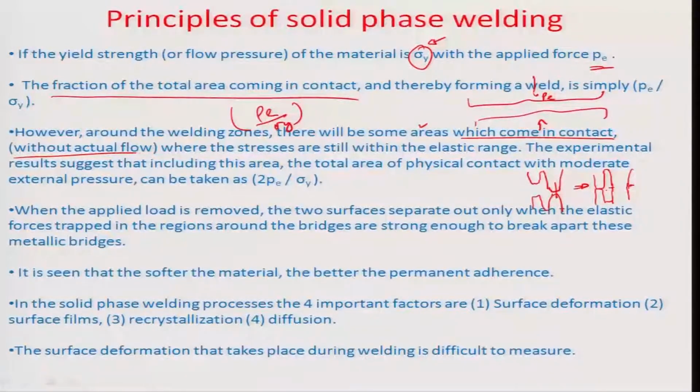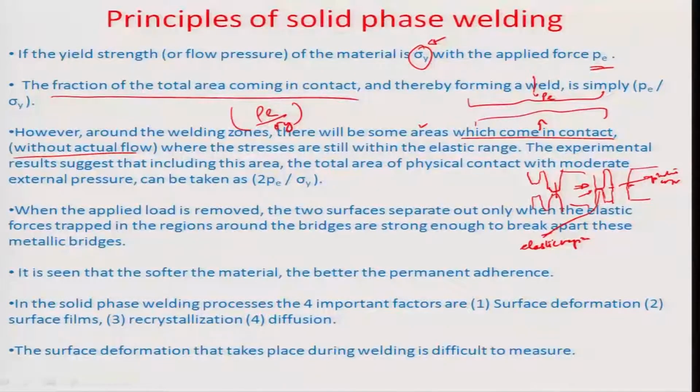Here we can obviously say that these areas which have just come in contact without any plastic flow would still be in the elastic region. So, this is an elastic region, and this obviously is a plastic region. Whether the two surfaces would separate from each other would depend on whether these elastic forces are great enough to pull apart the plastic deformation and weldment which has been formed.